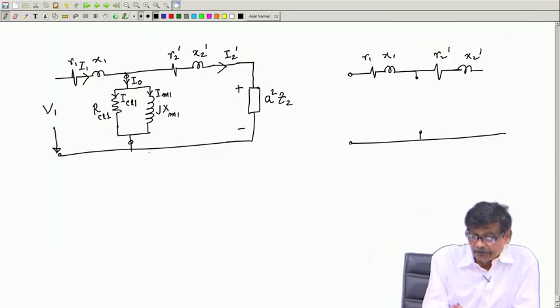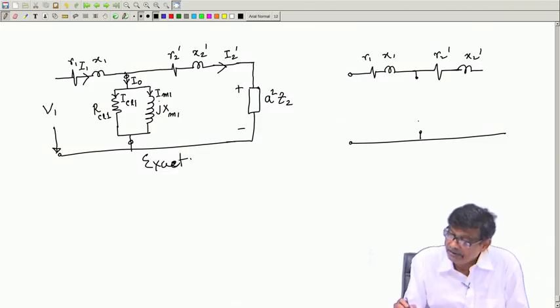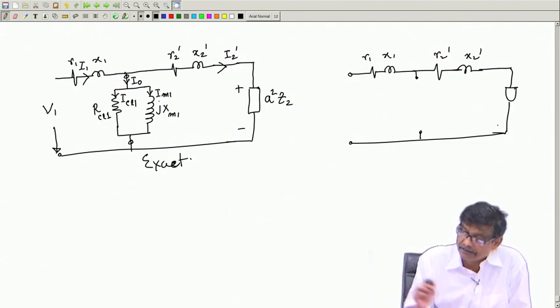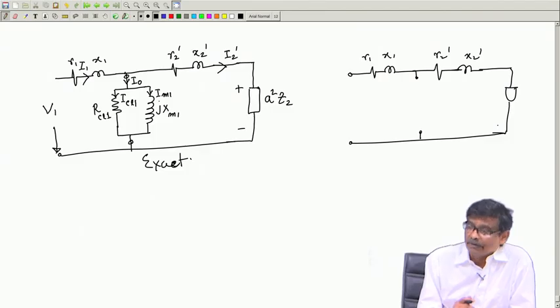That is the exact equivalent circuit. But what I will do is this, I will remove this and here the load impedance is there, but this branch I will remove and say that this is the approximate equivalent circuit.